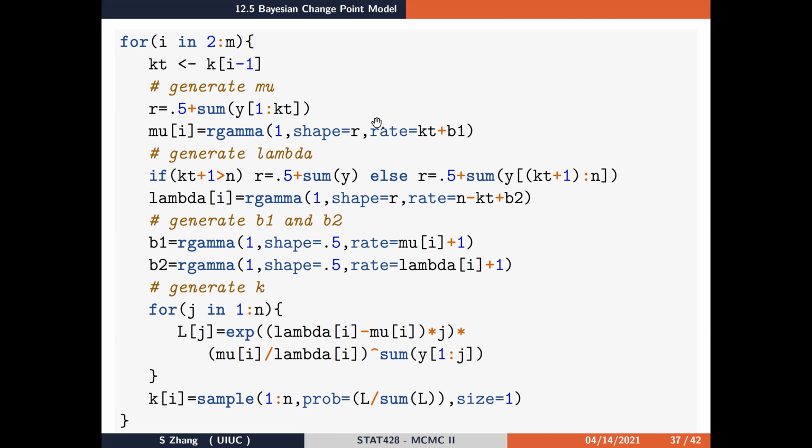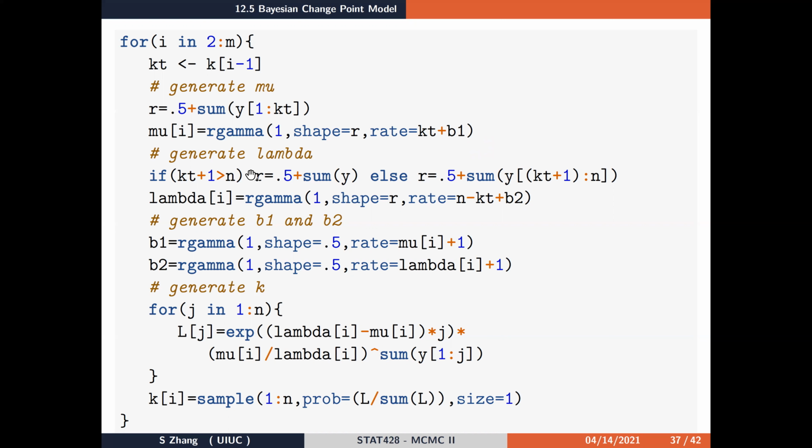And the rate is given by kt plus b1. So after computing r, the shape, we'll be able to draw a random sample from the gamma distribution with shape equals r and rate kt plus b1. Next, let's draw lambda in a similar manner.